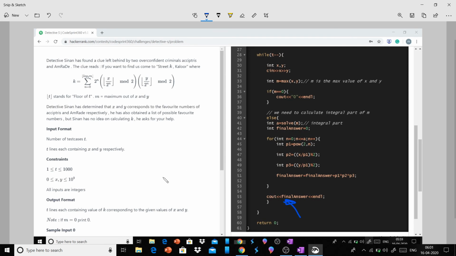So this was the whole concept regarding this problem, and this problem was mainly difficult because of this equation, and I hope you have got a fair idea of how to decode the equation step by step and understanding each part.